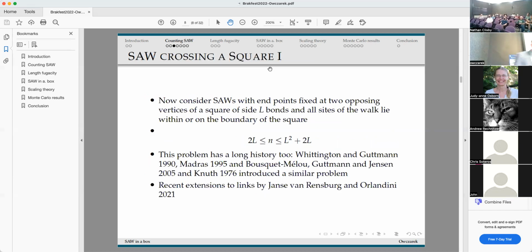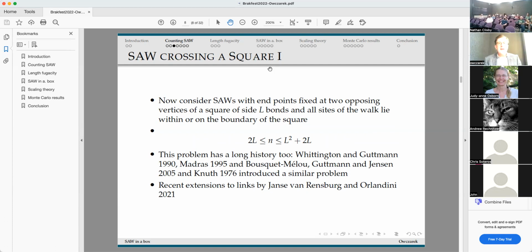Okay, self-avoiding walk crossing a square is a problem with a long and illustrious history. As a problem in combinatorics, it was inspired by a paper by the venerable Donald Knuth, 1976. Stu and Tony looked at this problem in 1990.